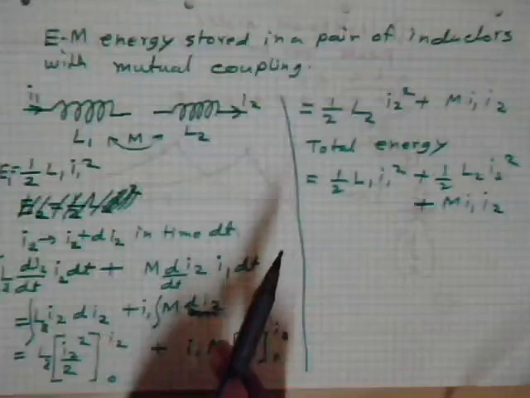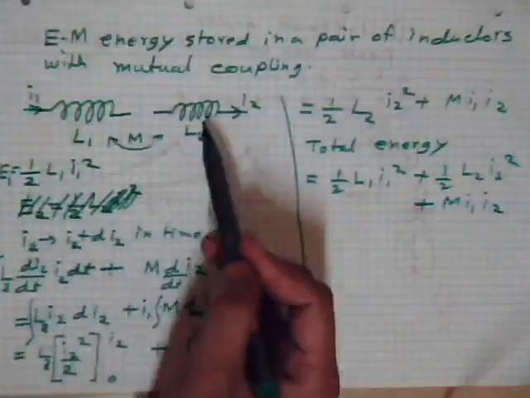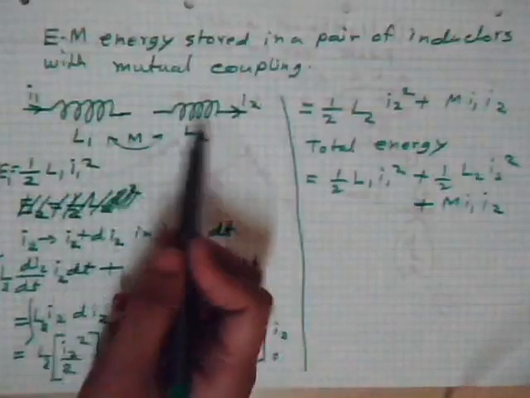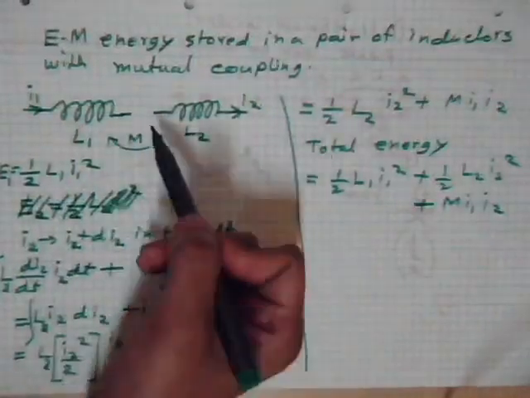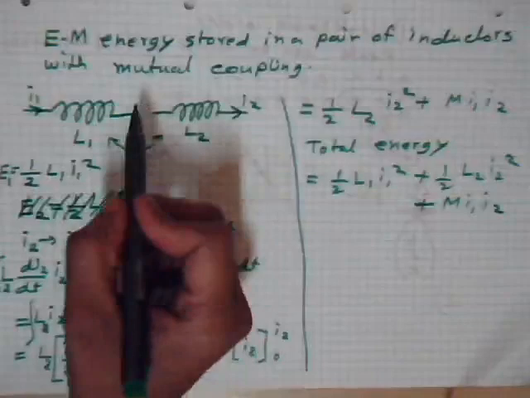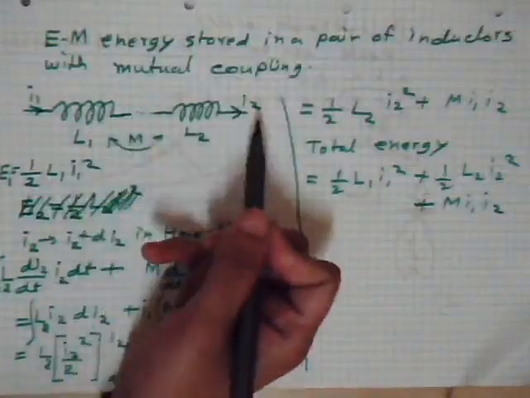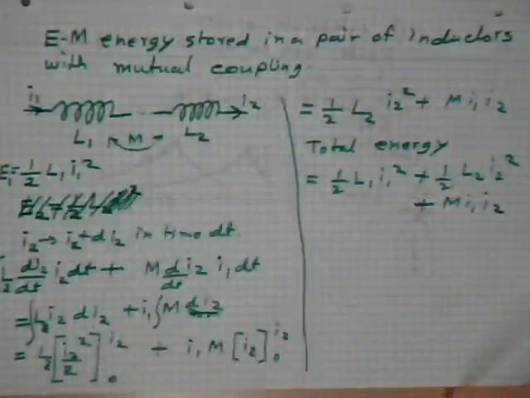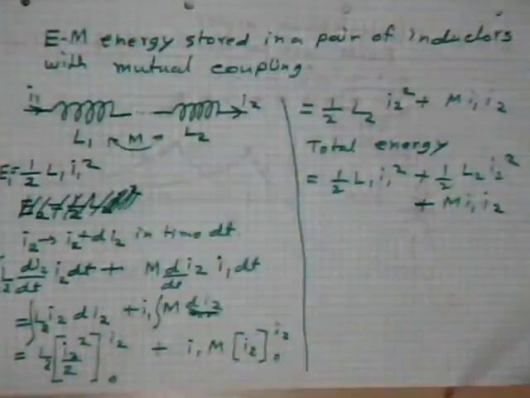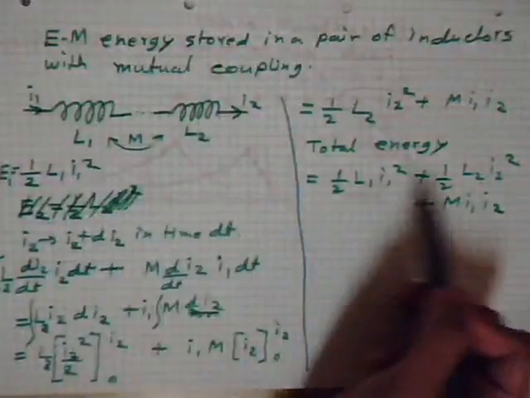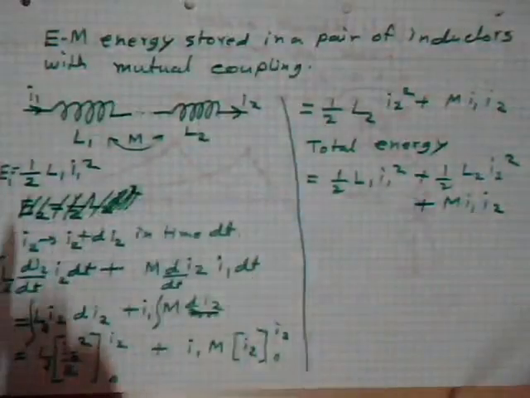Say both these currents are in a direction so that the fluxes are additive. So essentially to say that these two are just the same coil being extended. In that case, M will be positive and we will have more energy than these two components.